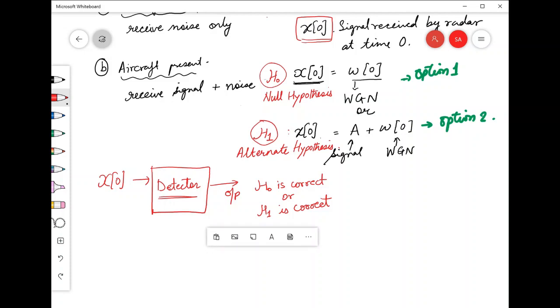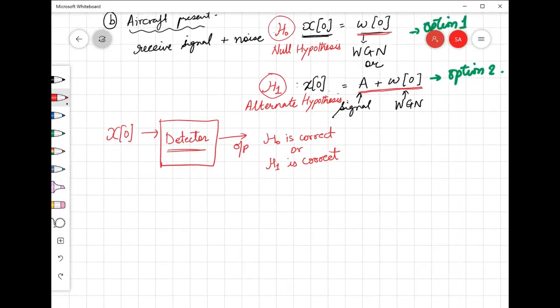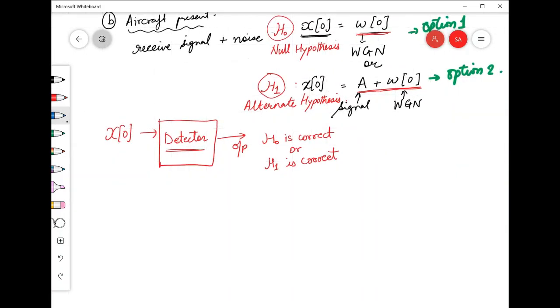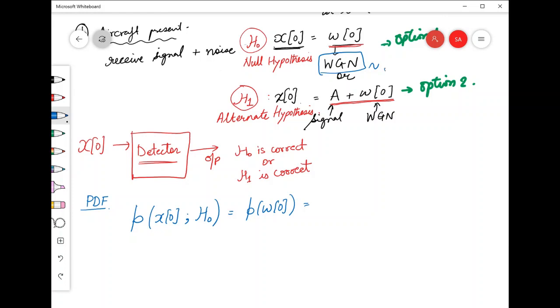Now I have given the expressions for when hypothesis 0 is correct and when hypothesis 1 is correct, so I can also write the PDFs of the signals received. The PDF of x0 if hypothesis 0 is correct will be the PDF of w0, white Gaussian noise, a normal distribution with mean 0 and variance sigma square.